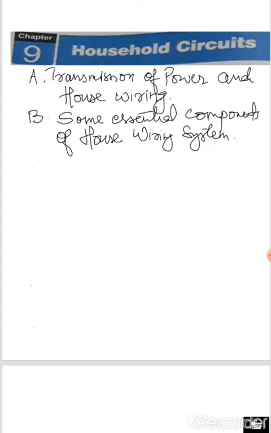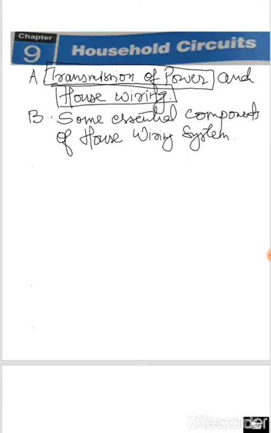Okay, now let me give you the basic idea about what we are going to learn in this particular chapter, household circuit. In Unit A, we'll be learning about transmission of power, how the power is transmitted and how the wiring is done in our home.